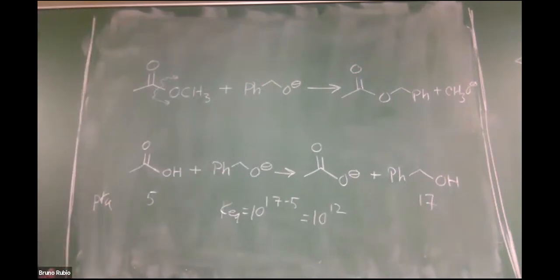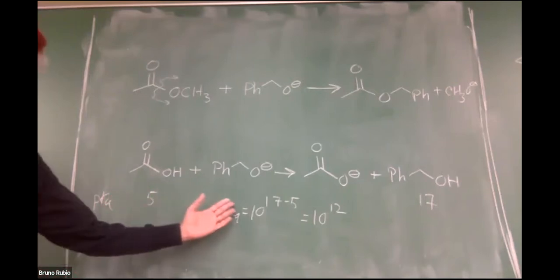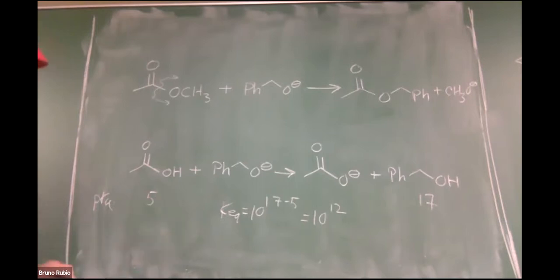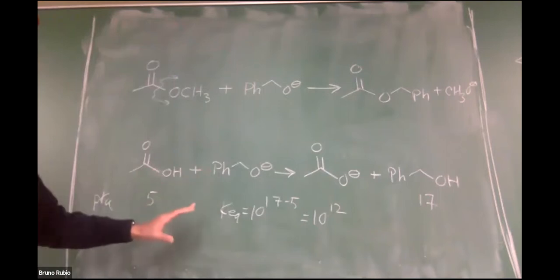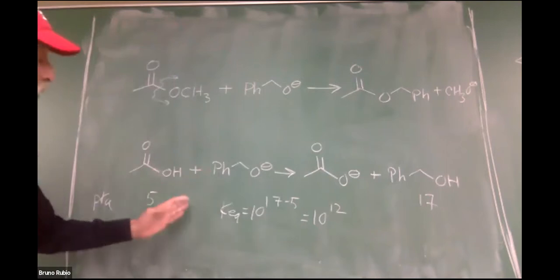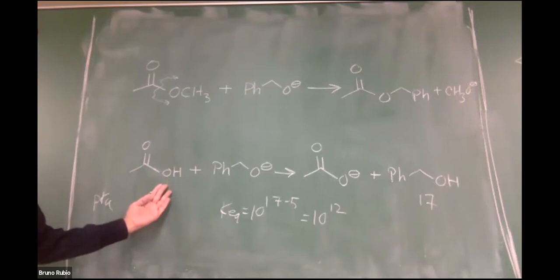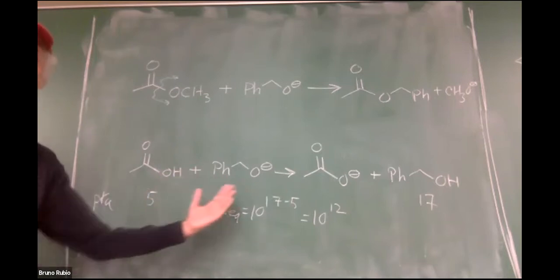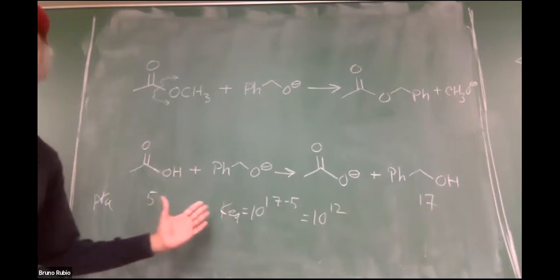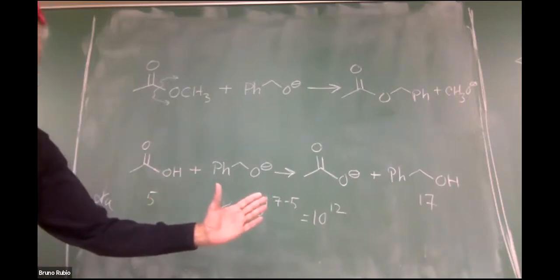So just because it fits the recipe for acyl substitution does not necessarily mean it's going to be an acyl substitution. That's not what happened here. Okay, so acyl substitution under basic conditions can be tricky, right? Because if the acyl derivative is a carboxylic acid and you feed it a base, you're not going to get acyl substitution. You're just going to get this acid-base reaction.